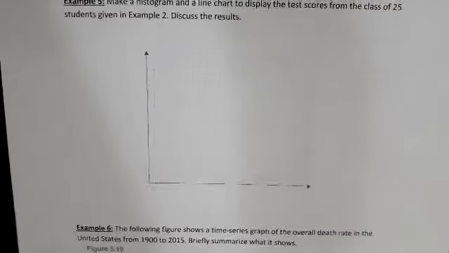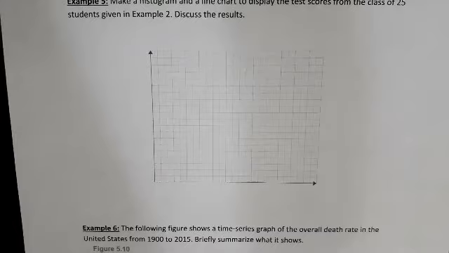Okay, so in example 5, they want us to make a histogram and a line chart to display the test scores from the class of 25 students given in example 2. So going back to example 2, we are talking about this data happening here.